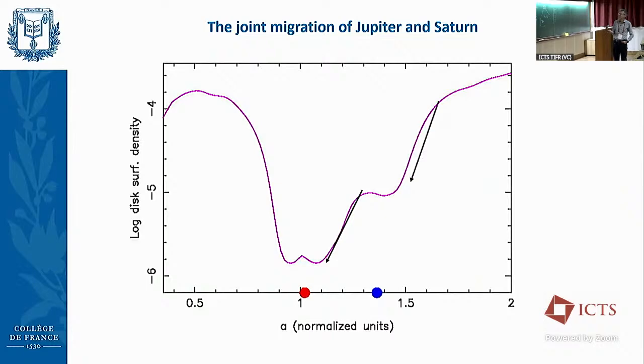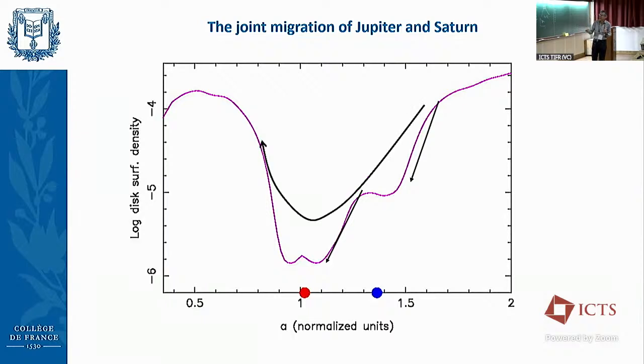So as Jupiter removes this gas, new gas comes into Saturn's gap, because Saturn is not too strong and cannot sustain a deep gap by itself. So there is a continuous flow from the outer disk into the gap of Saturn, because Jupiter is stealing the gas from Saturn and pushing it into the inner part of the disk.